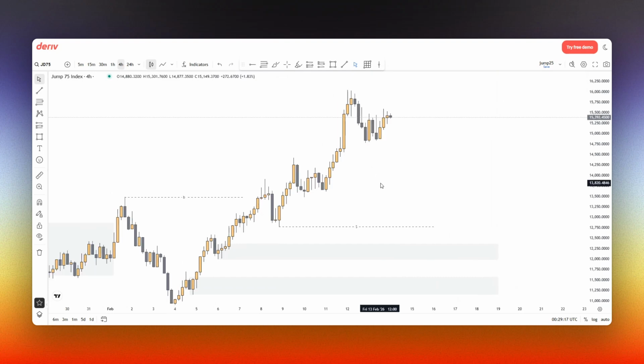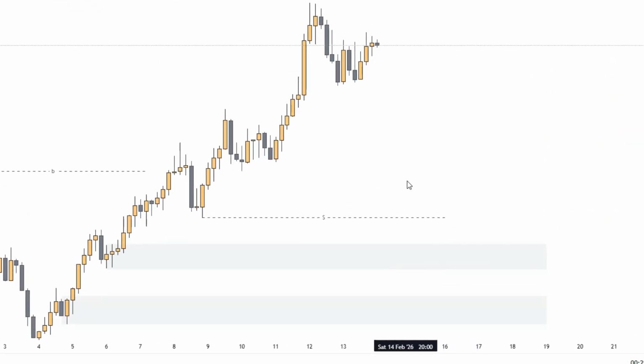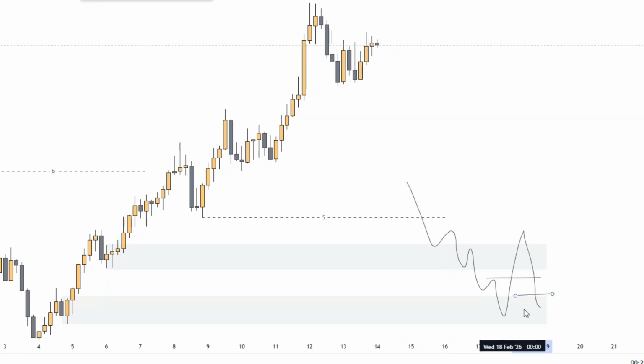And as I say yet again, once the market comes back towards the zones, we'll just monitor the momentum. We don't just enter right away as the market comes back towards the zones. We wait for the momentum change of character, then we'll enter.